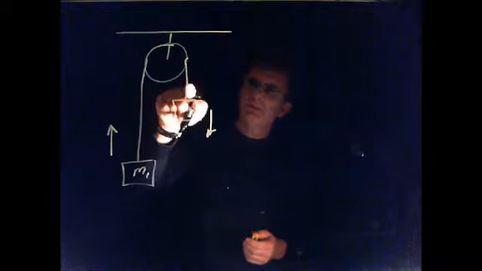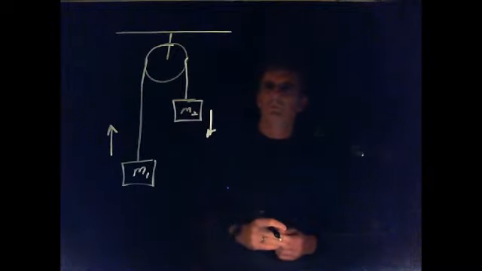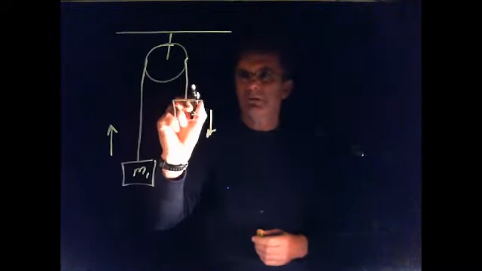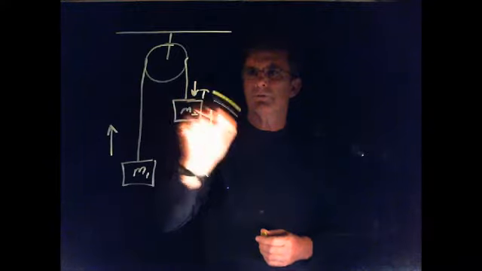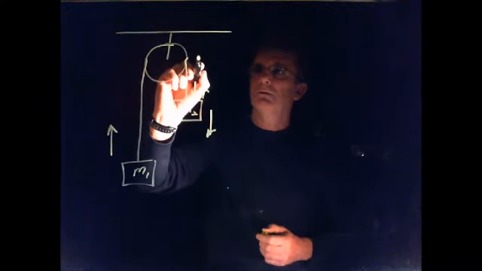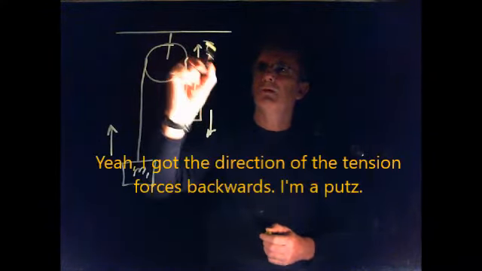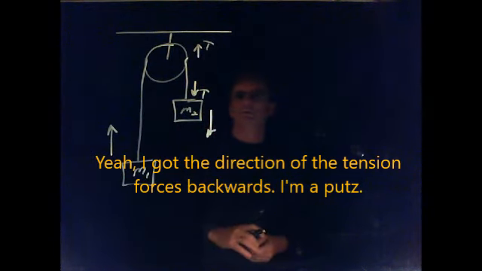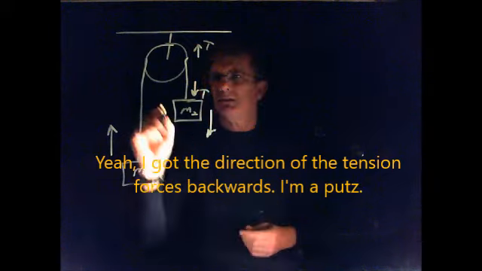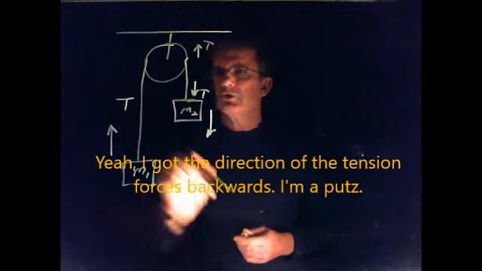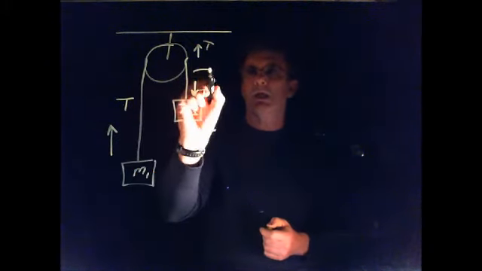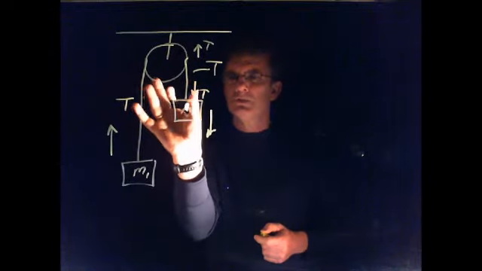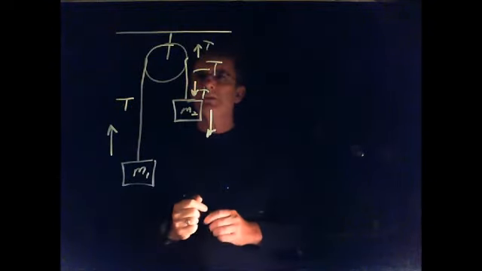The one thing to keep in mind, this block is pulling on the string down. So there's a tension force on the string pulling down. Well, the pulley is pulling up on the string. The string is massless. These two tension forces are the same. And same thing over here. There's tension in the string, but the tension in these two parts of the string are the same.